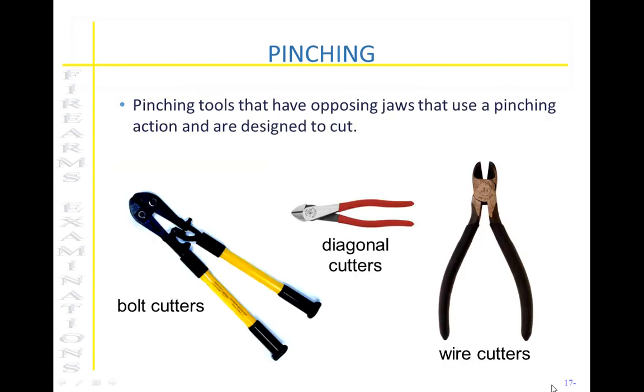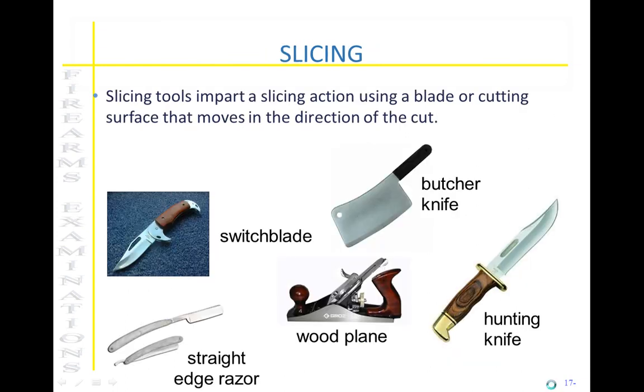And also pinching tools that have opposing jaws that use a pinching action and are designed to cut. The most common of these is going to be your wire cutters or your bolt cutters. And then we also have a slicing tool that imparts a slicing action using a blade or a cutting surface that moves in the direction of the cut. So things such as knives, switchblades, even wood planes can be considered slicing tools.